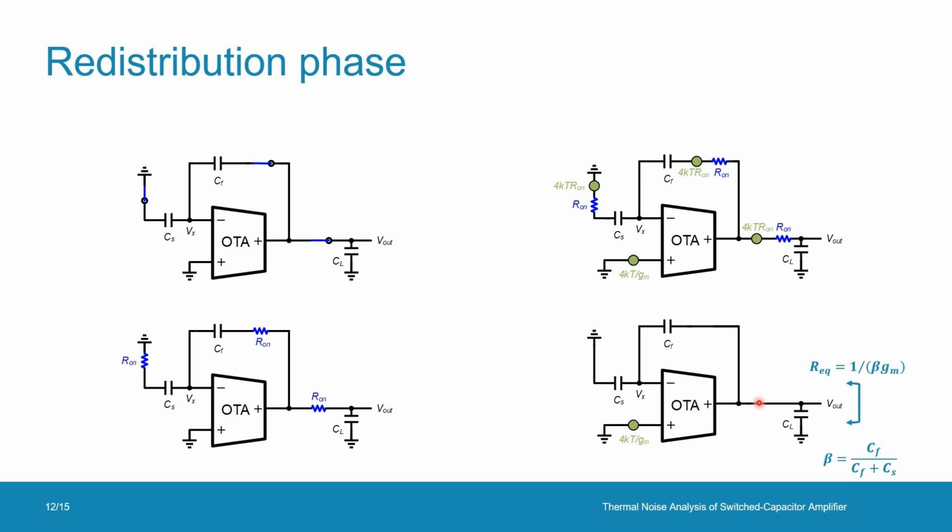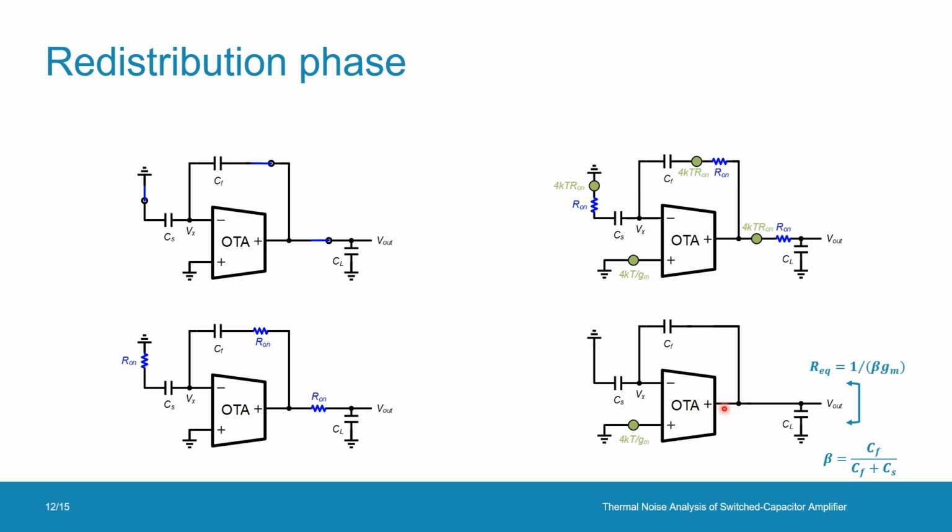Just imagine that if I apply a test voltage VT at the output, beta VT will be appearing at node Vx. As a result, the output current is Gm beta VT.